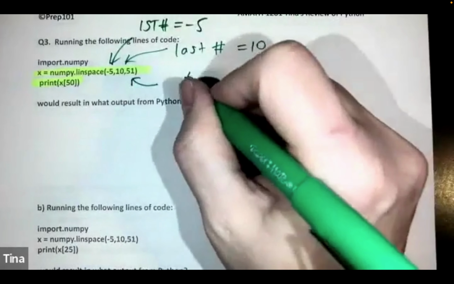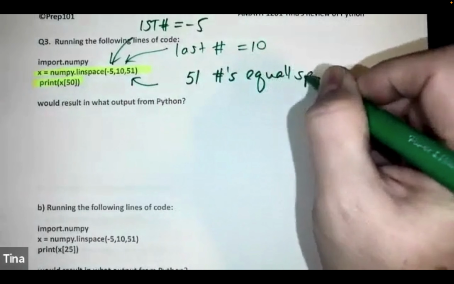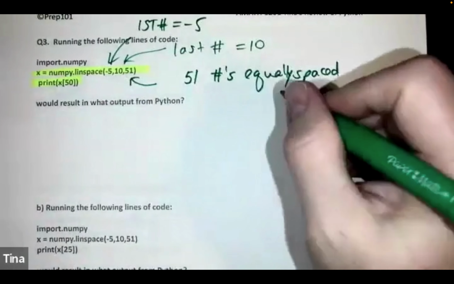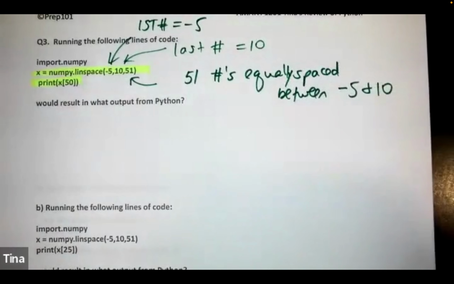And there are 51 numbers equally spaced between -5 and 10.